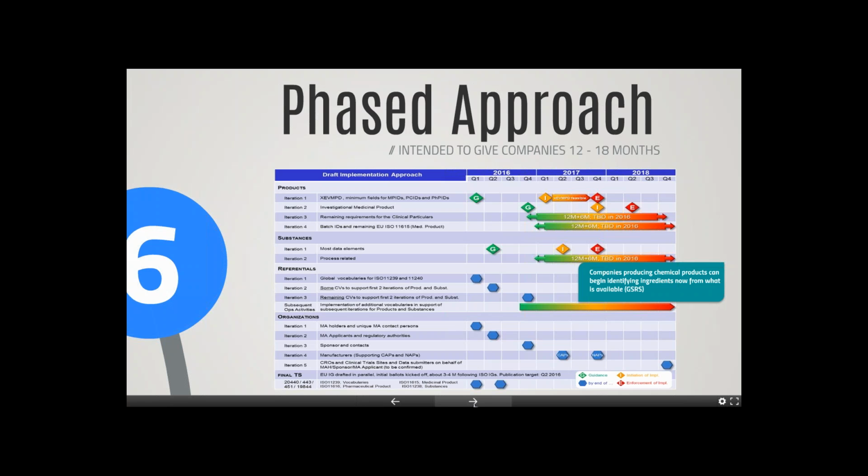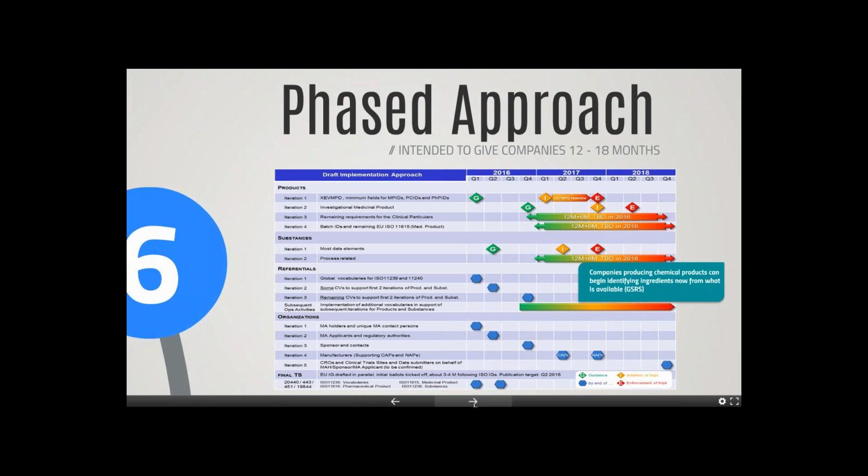As I mentioned earlier, the four annexes about chemical substances, proteins, peptides, and nucleic acids are already final and will be published soon. One step could be to look at your ingredients and try to identify the substances from GSRS. GSRS currently holds about 80,000 substances, mostly from the chemical areas, and also some other areas. So that's maybe a step to go for.